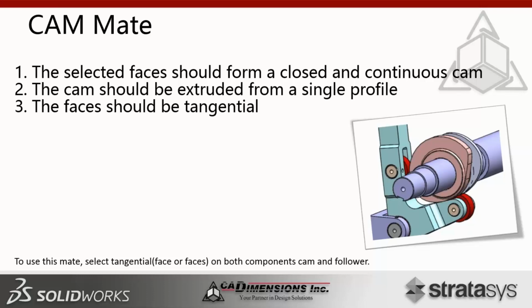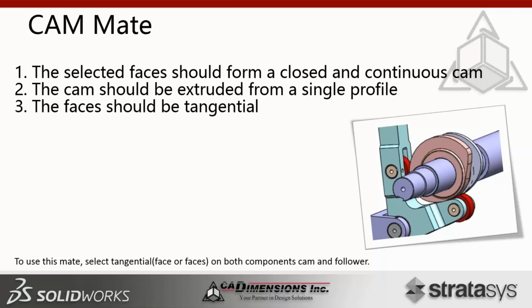In order to use a cam mate, there are really 3 requirements. The first one is that the faces we select that form the cam itself need to be closed and continuous. I'll show an example here where I try to make a discontinued cam and the software screams at me.